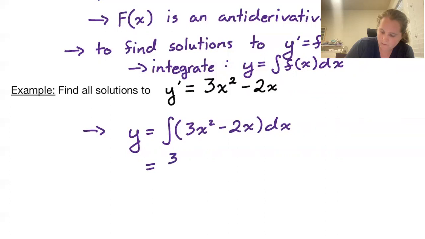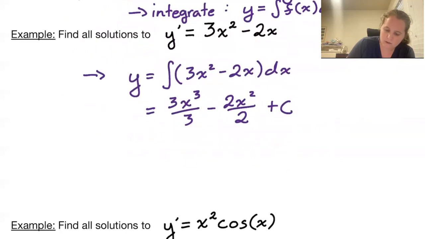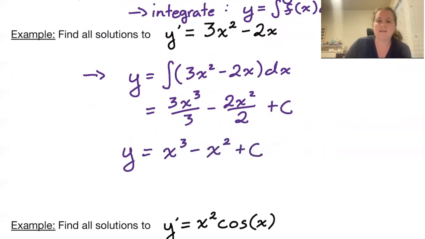We would have 3x cubed divided by our new power 3 minus 2x squared divided by our new power 2, right? Raise the power by 1, divide by the new power, and then we'd have plus c. So we get our solutions are y equals x cubed minus x squared plus c.